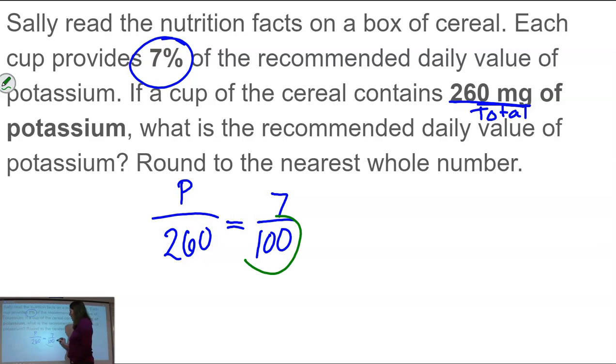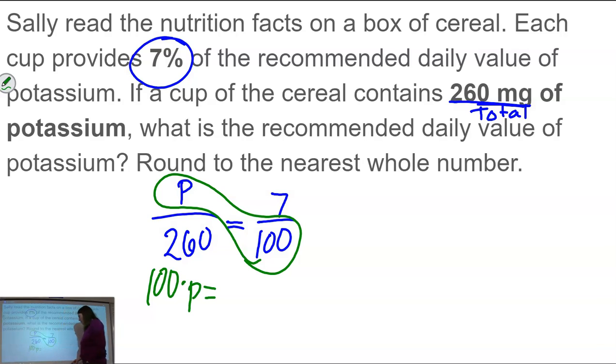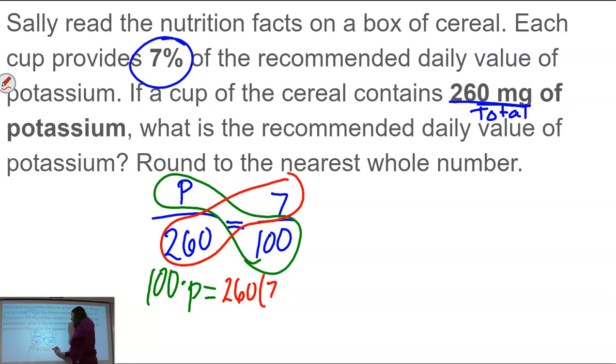So we're going to use our cross product by multiplying. So it's 100 times P, or 100P equals, and then we're going to multiply the 260 times 7, and that is 1820, and that equals 100P. Okay.